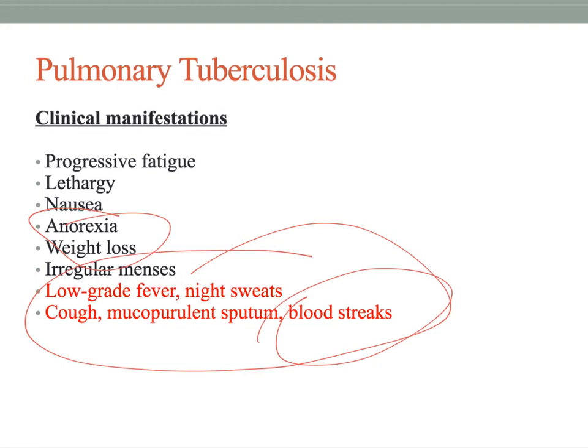I don't know if any of you have seen anybody. It's a negative pressure isolation. If you've seen anybody on the floors in TB precautions, it means that they have a special room that has a negative pressure. So basically it takes all the air that's in that room and takes it through a special filter out of the building so that that air is not inhaled by the rest of the patients in the hospital.